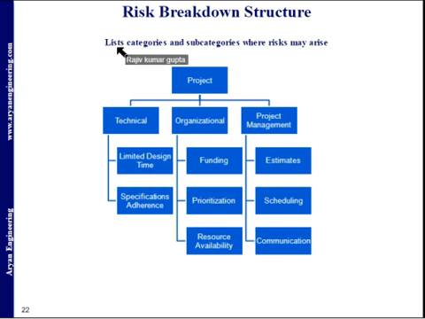So maybe you can easily identify what the risks are based on this. It may be a checklist or a hierarchy, but we can arrange it in categories like a hierarchically organized depiction. So this is the risk breakdown structure.